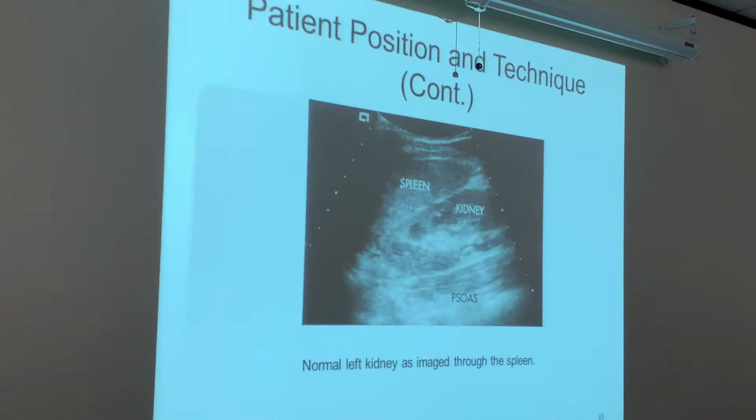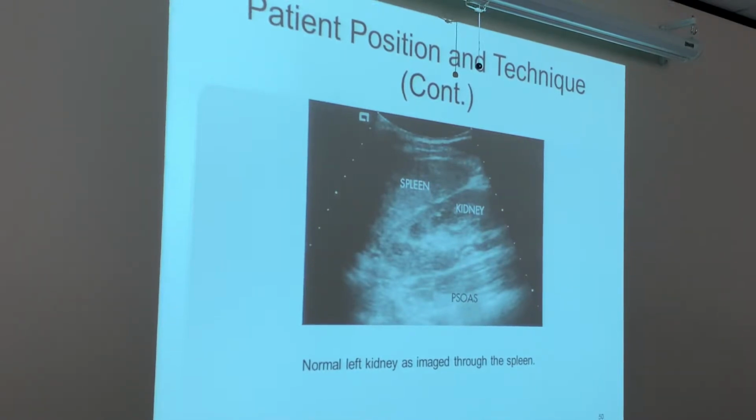Now, if this was very hyper, which it never would be, it's a spleen, it's going to take up the ultrasound before it can get to my kidney.